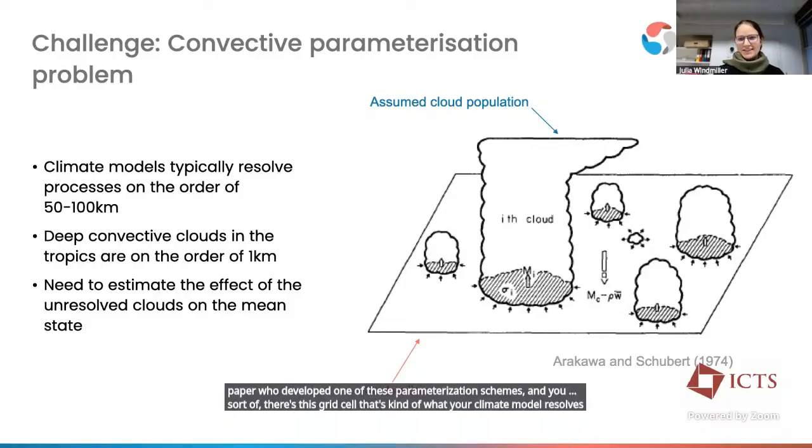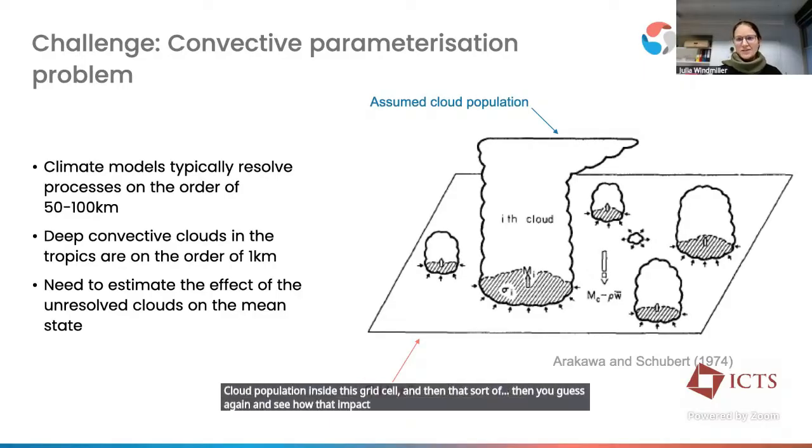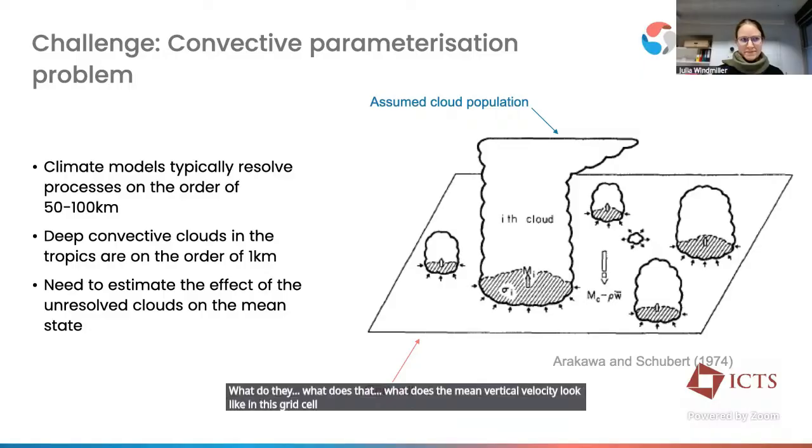Then you guess this cloud population inside the grid cell, and then you guess again how that impacts properties like the vertical velocity. So within this grid cell you have all these clouds, they have a certain vertical velocity. What does the mean vertical velocity look like in this grid cell?